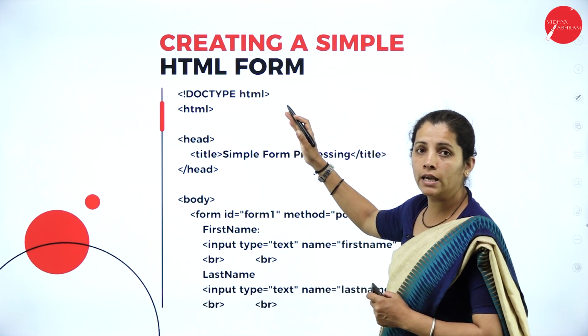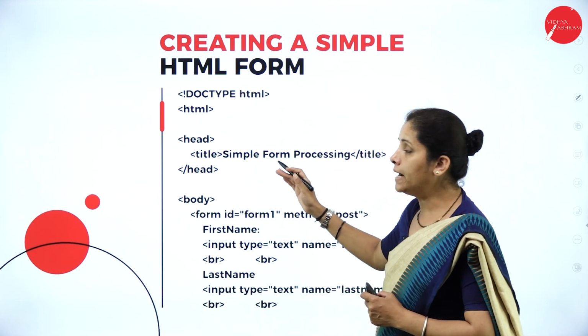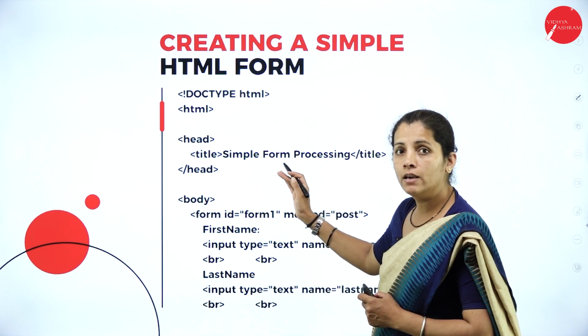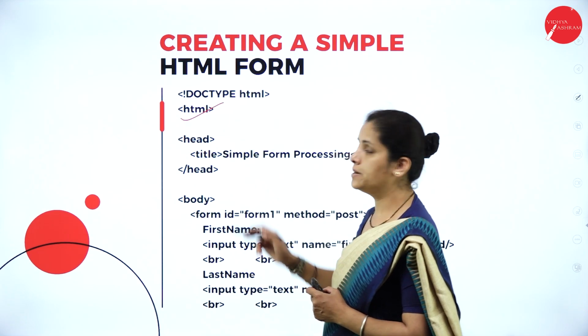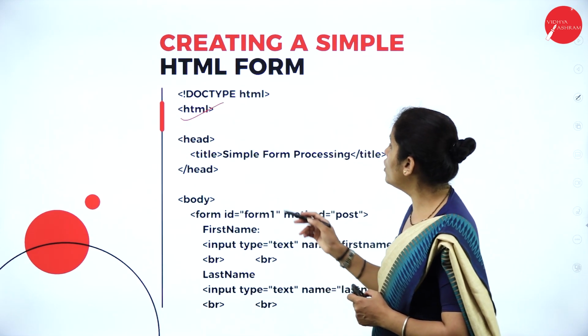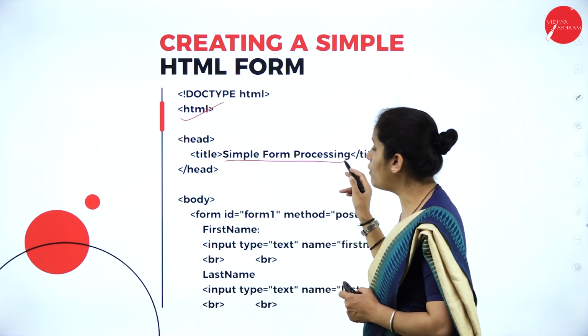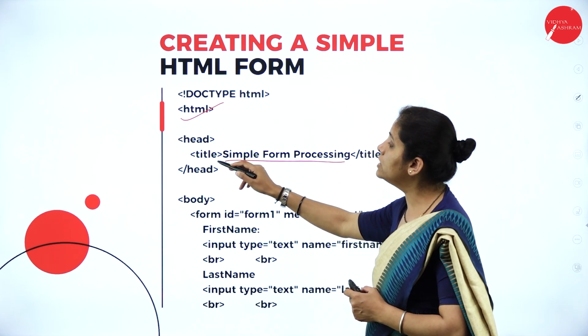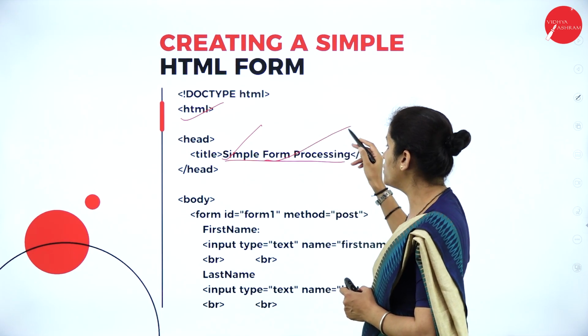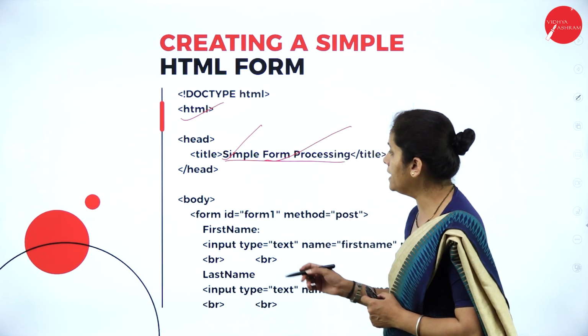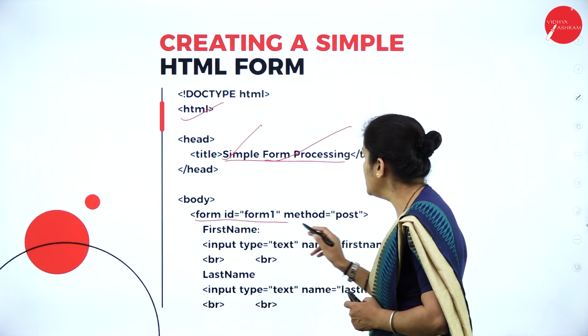We know that we are going to embed PHP in my HTML. So I'll start with the HTML, and I'm going to give the title, simple form processing. And here I'm creating the form.